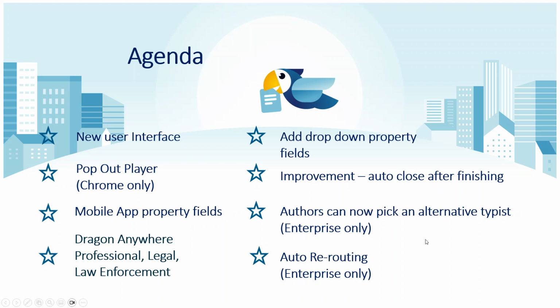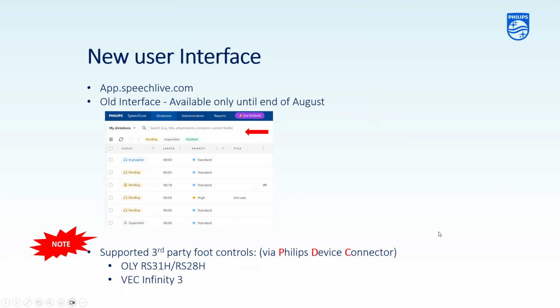And then now in enterprise plans for SpeechLive, the authors can pick an alternative preferred typist and also an auto rerouting workflow. So let's first talk about the new user interface.